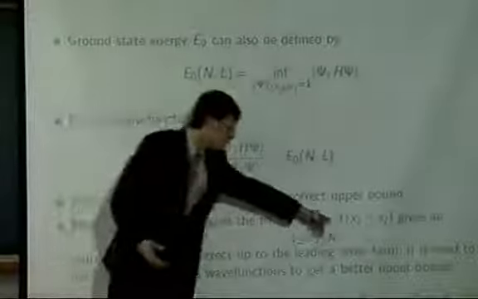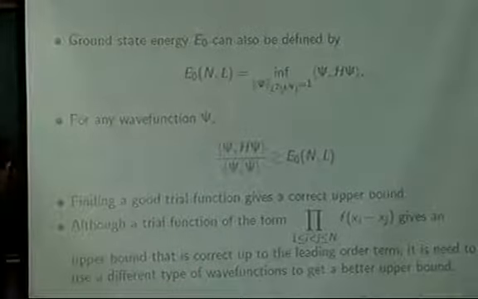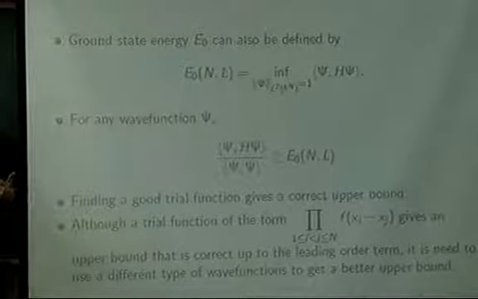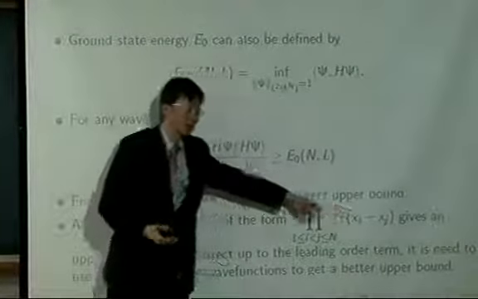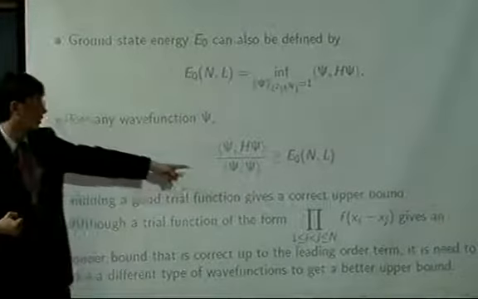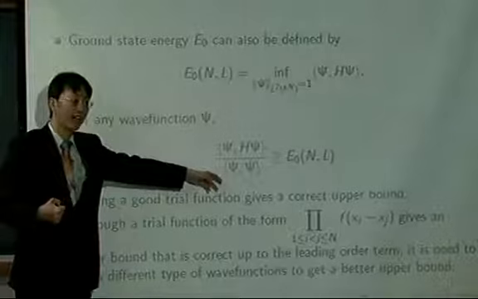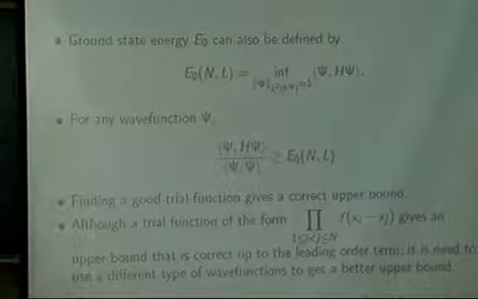Again, the very natural way of doing it is to consider a function of this form, f of xi minus xj, because the potential only depends on the distance between two particles. So we consider a function that only depends on the distance of particles and make a product, and if you make this f good enough, then this will give an upper bound.